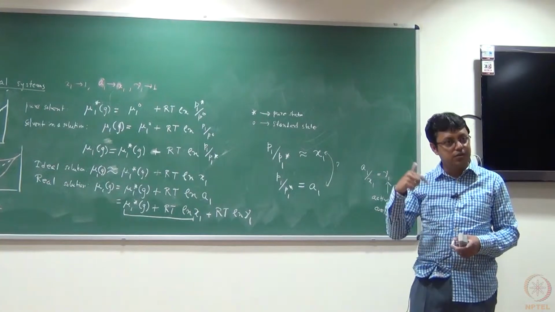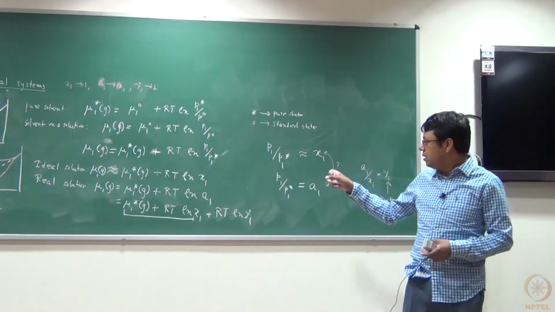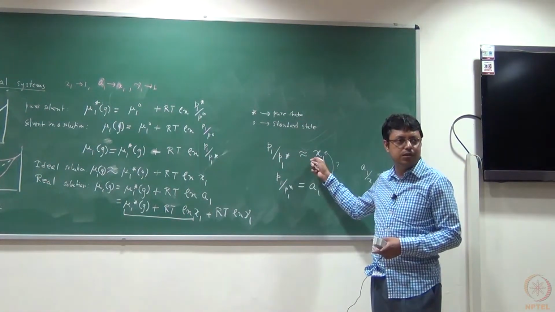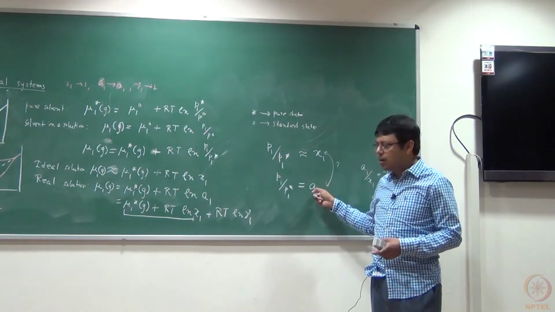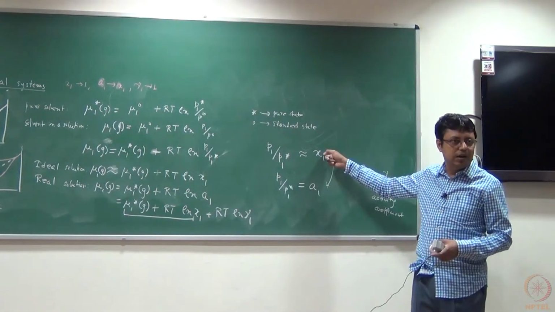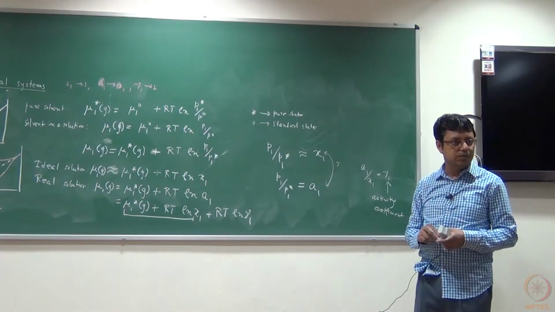Then we used the fugacity, and similarly here, we knew that it cannot be proportional to the mole fractions, but it is proportional to some quantity, and we are doing an analogy, trying to understand the relation between activity and the mole fraction.